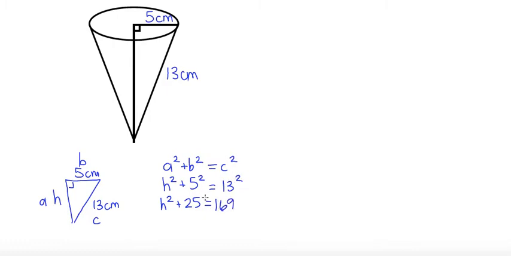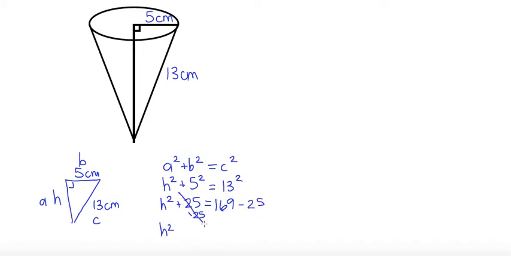And now I want to get h by itself, so I have to get rid of the 25 on the left-hand side of my equal sign. Right now it's being added to the h squared, so I want to subtract the 25. And whatever I do to one side of my equation, I have to do to the other. So I'm going to subtract it from this side, so I also have to subtract it from that side.